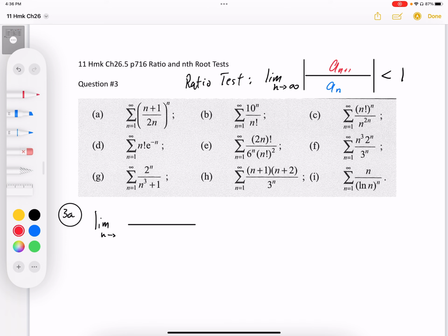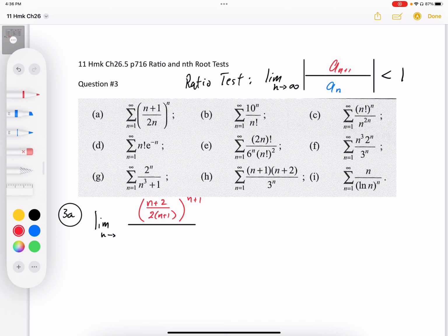The numerator is going to be our an plus 1, so we're going to end up with n plus 2 over 2 times n plus 1, so it's going to be 2n plus 2, and that's all to the power of n plus 1.